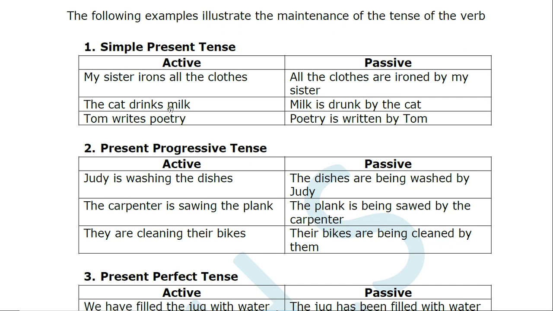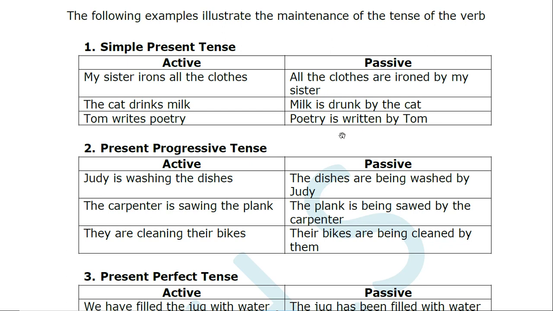The cat drinks milk. Here is your action. This is the person doing the action. So milk is drunk by the cat. See here, milk is drunk by the cat. Generally, in the passive, the verb becomes the past participle. Irons becomes ironed, drinks becomes drunk, and writes becomes written. Okay, so it's "are ironed" because it's plural.